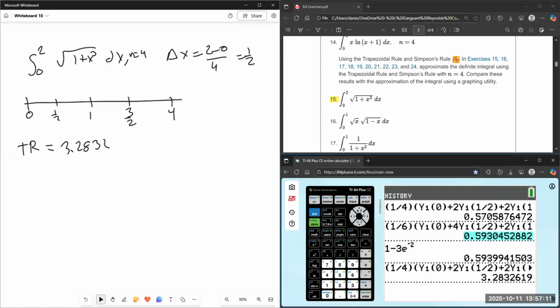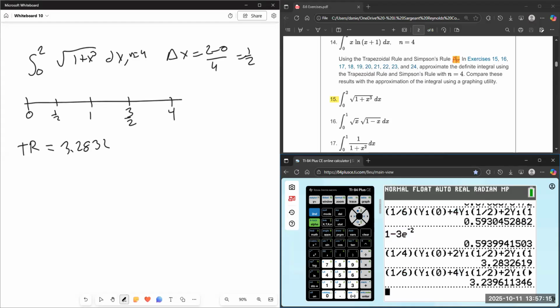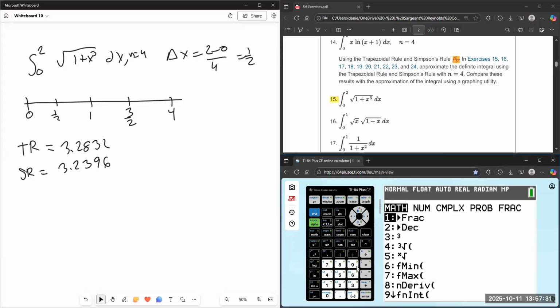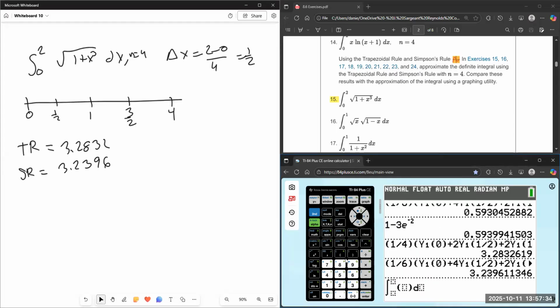And then this one should be Simpson's rule. Should be 3.2396. And then we're going to go into math. We'll see functional integration here. We're going to go 0 to 2.